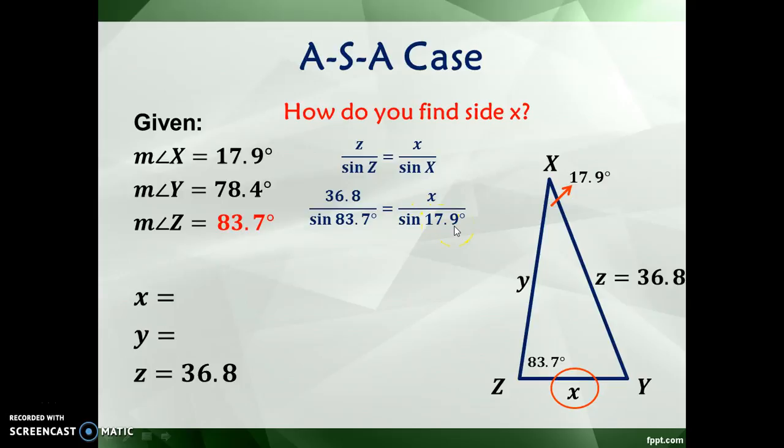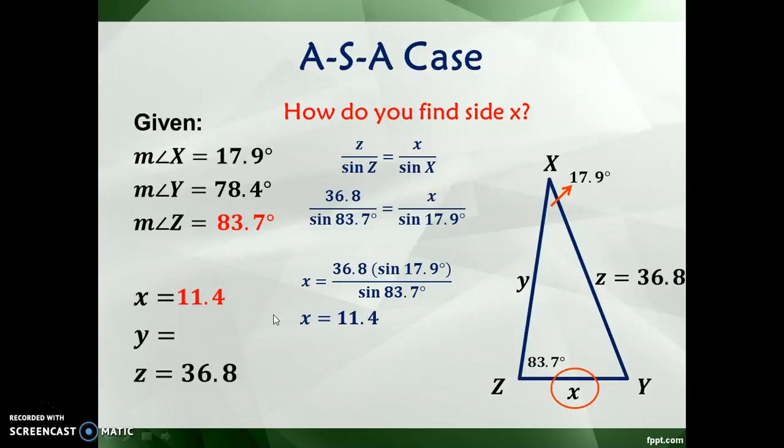So I repeat the procedure. To get the value of side x, we just multiply these two and divide by the sine of 83.7 degrees. So we get 36.8 times sine of 17.9 degrees over sine of 83.7 degrees. By clicking into your calculator, we get 11.4. So the value of x is 11.4.